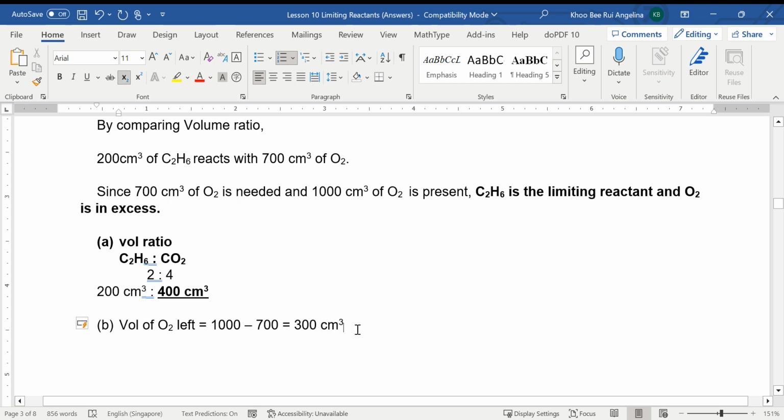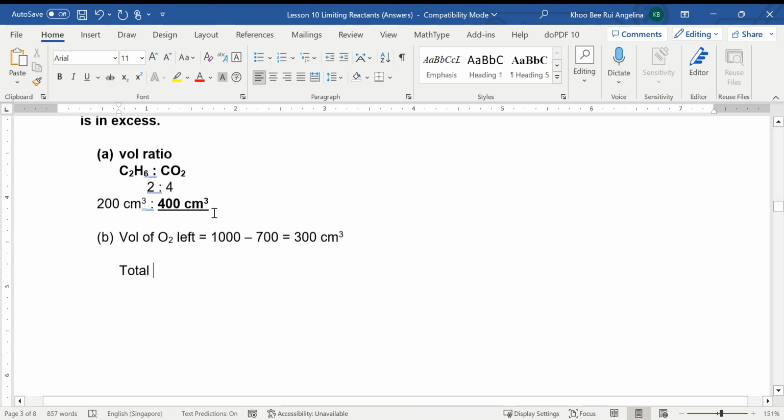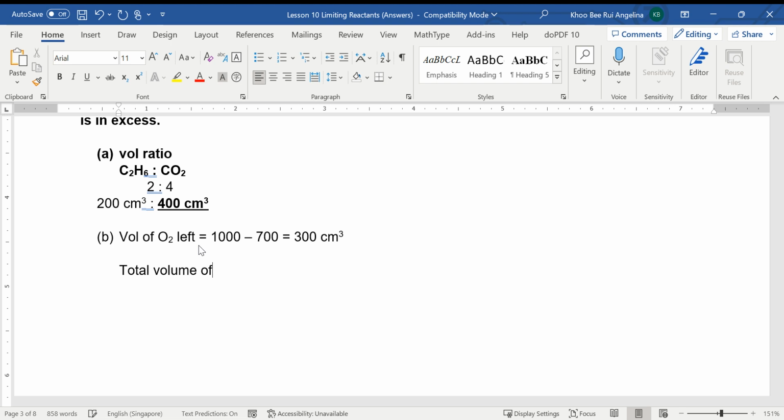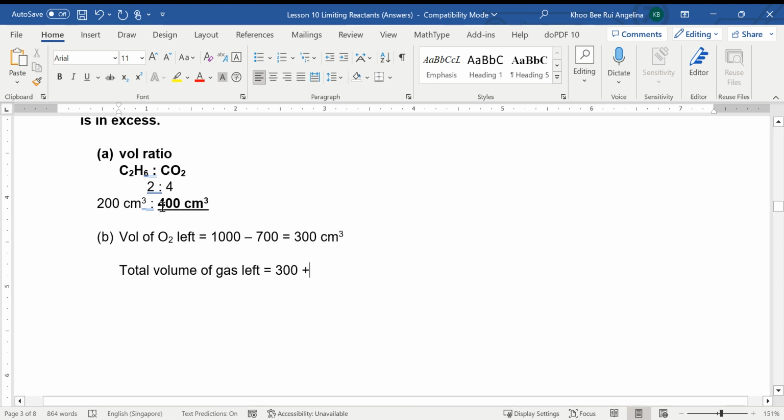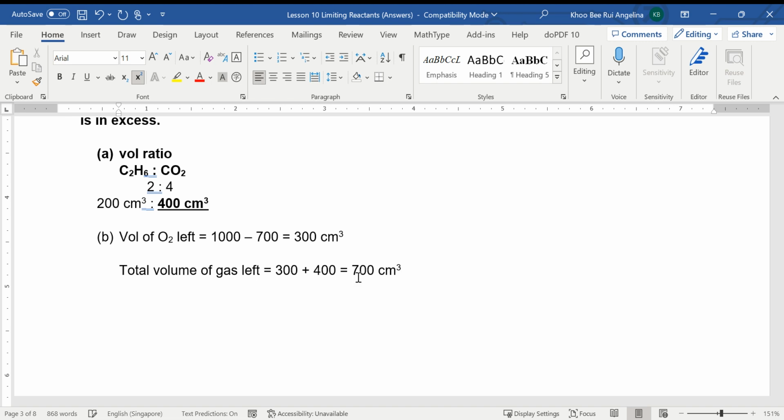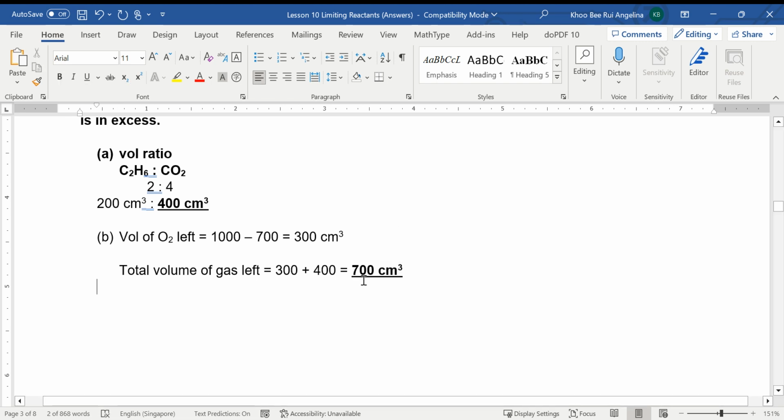It's the leftover oxygen. The question wants me to find the total volume of gas left. So I have 300, and also in this reaction I produce 400 cm cube of carbon dioxide. So in other words, at the end of the reaction, there are altogether 700 cm cube of gas.